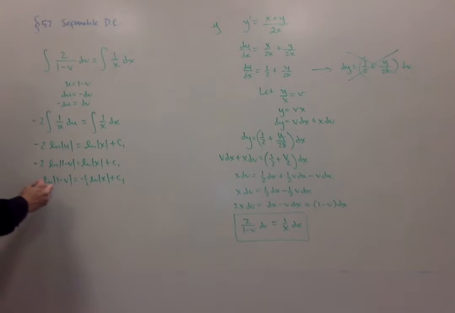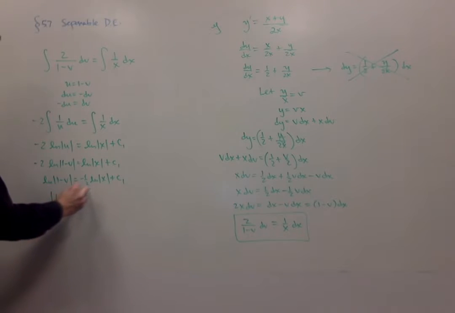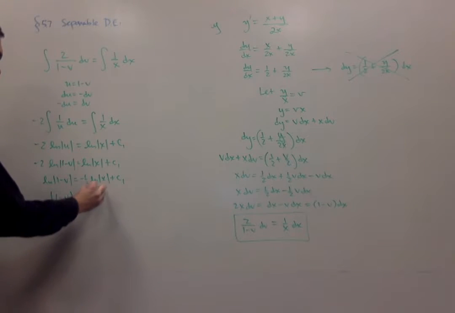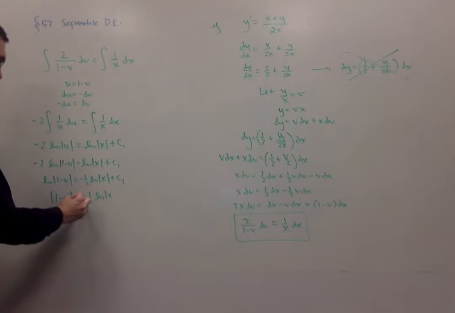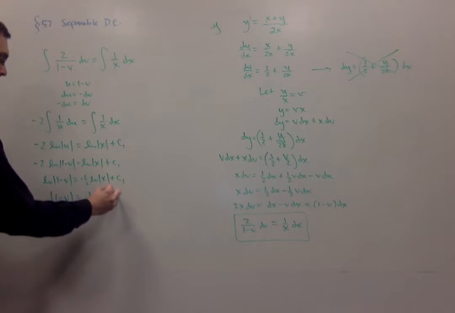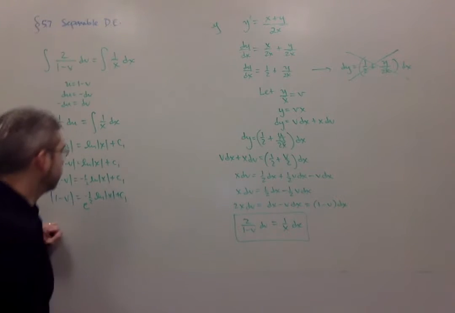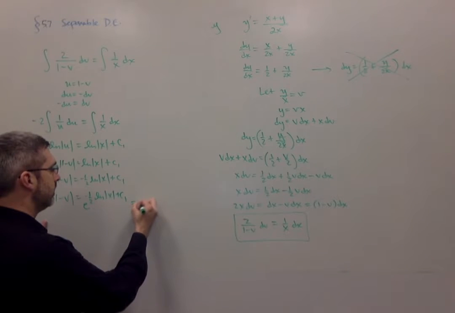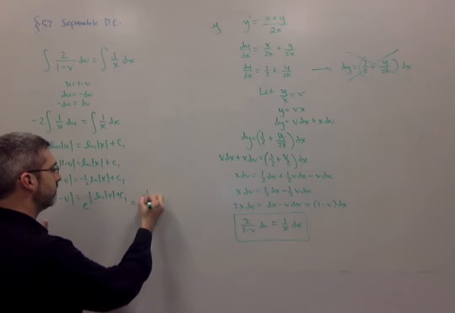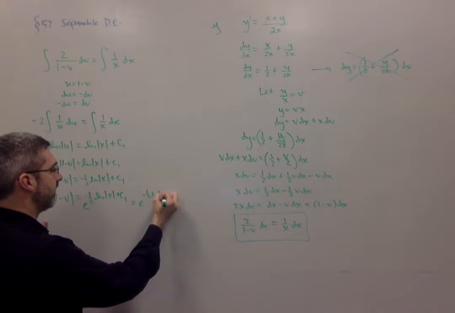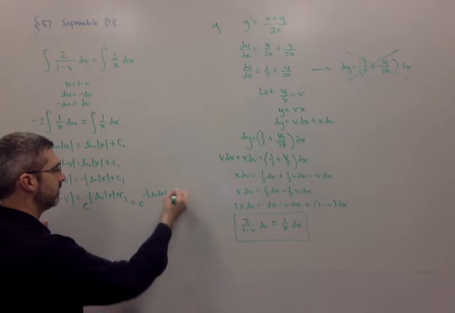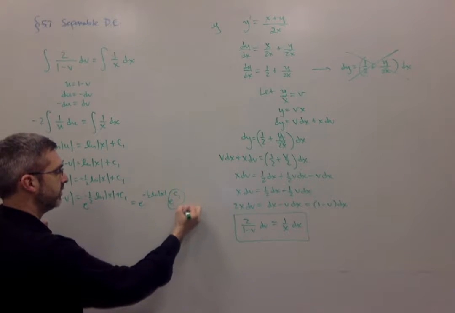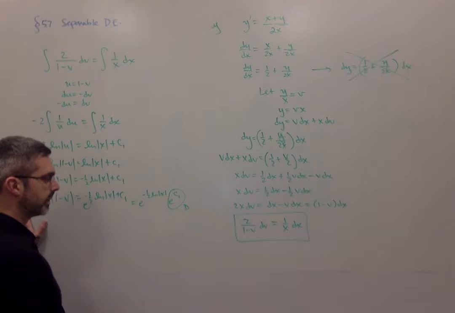Okay, then we're going to take e to both sides. We've got e to this thing, which is really e to the negative 1/2 natural log of x, e to the c1. We're going to give that a new name, d, like we normally do.